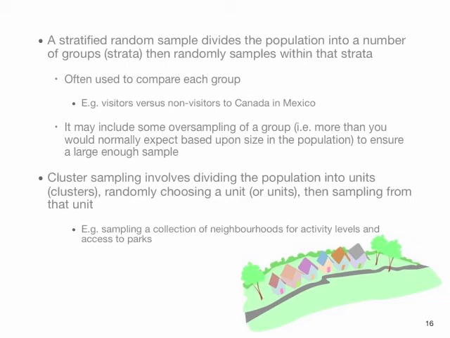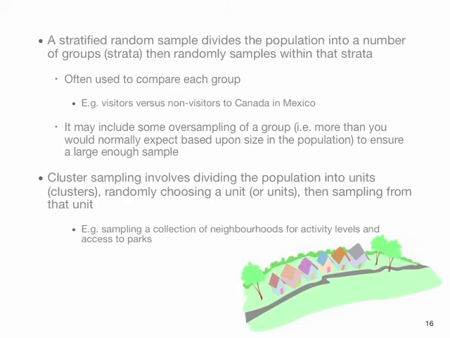A specialized sort of probability sample is something called a stratified random sample, where you've got certain groups within a population and you're trying to get a representative sample from each one of these groups. So for example, I show you the example there.